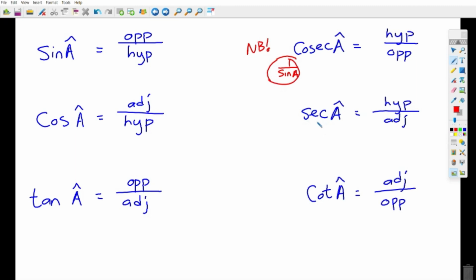And then for sec, 1 over cos of A. And cot, 1 over tan of A. Very good. So those are your trig ratios. There's 6 of them, and there's a little bit extra that you need to know, just for you guys to note. And you'll see why in the next video.